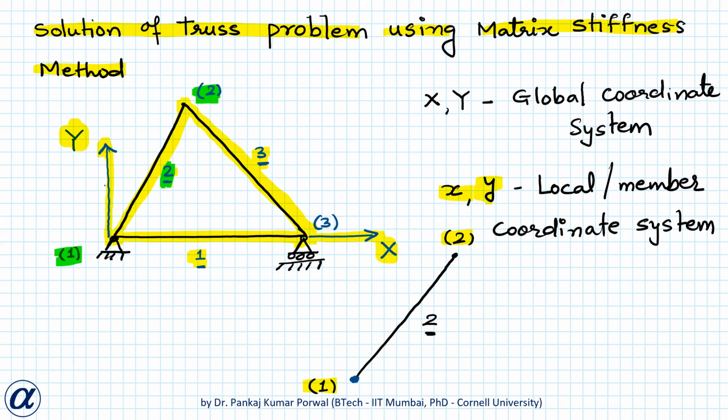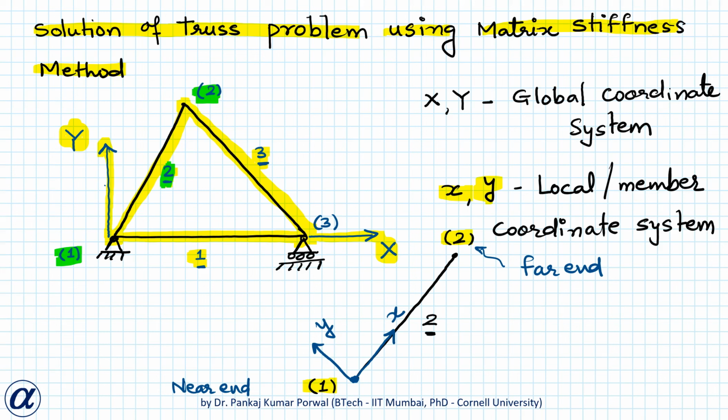node with smaller node number, and this I will call near end of the member, and the other end will become far end of the member, and my small x will go from near end to the far end, and y coordinate will be perpendicular to the x coordinate.